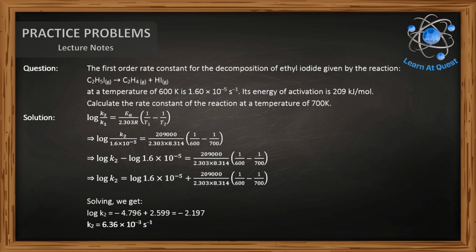It's given that the energy of activation is 209 kilojoules per mole. Calculate the rate constant of the reaction at a temperature of 700 Kelvin.